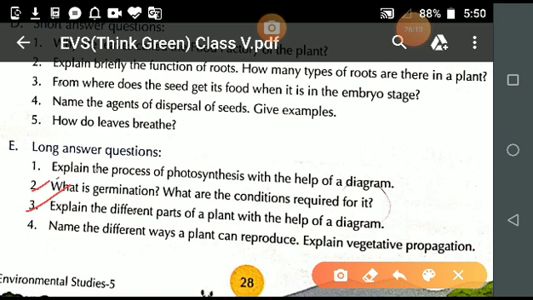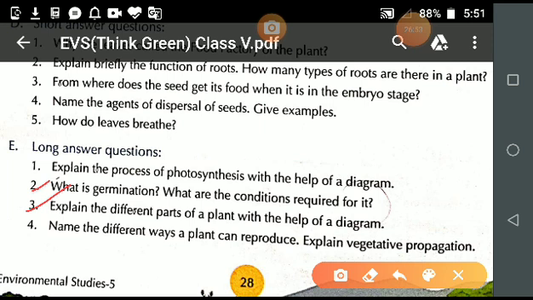Okay, the main parts of plants are root, stem, leaves, flowers, fruit, seeds. Now what is the role of these parts? We write one line for that. Students, we are not going to write a full explanation of each part, only in one line we will write the role of these parts.